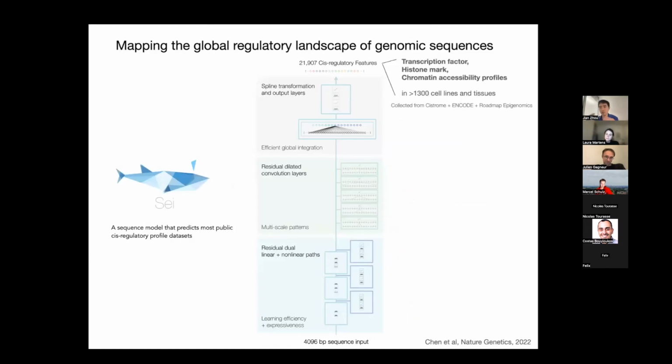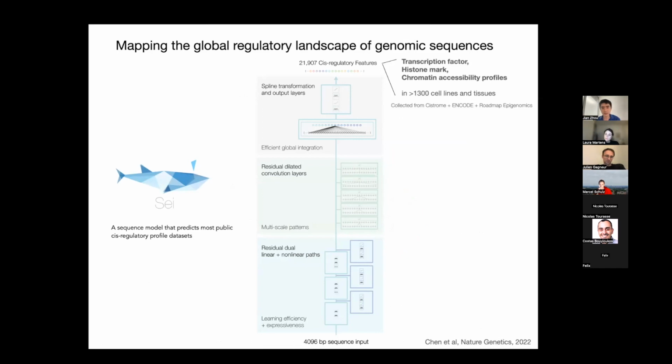We try to build a model that can capture as much of the regulatory dependencies as possible, right? So we want to build a model that can predict most of the publicly available data.